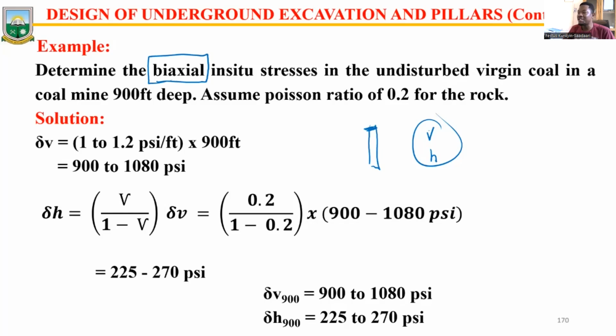At that 900 feet, we have said that the unit weight of material usually ranges from 1 to 1.2, and we have been given the Poisson ratio of the substance. So we can calculate our vertical stress. The vertical stress is equal to gamma times H, or density times g times H, isn't it? And this is the same as that.